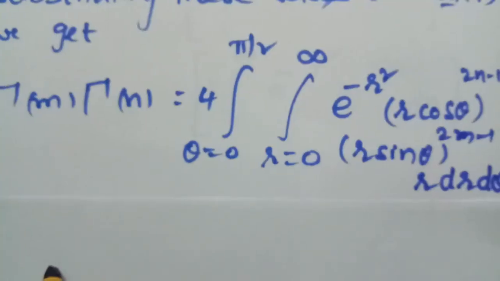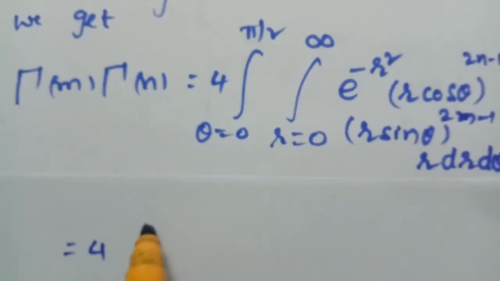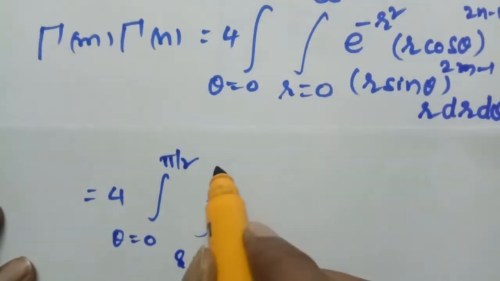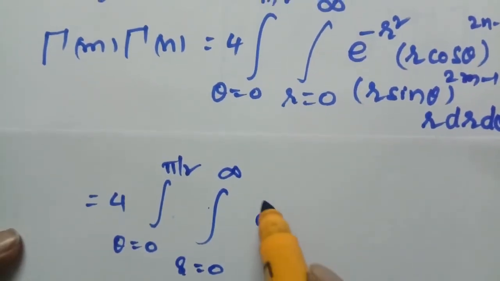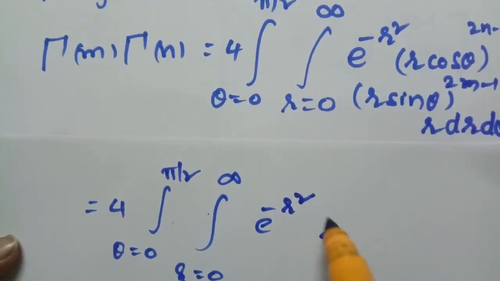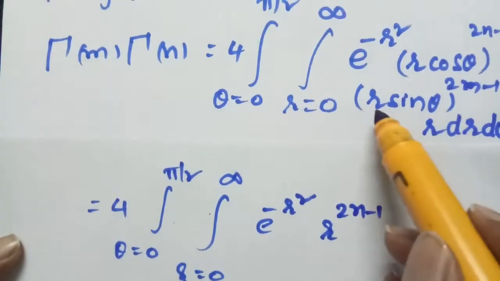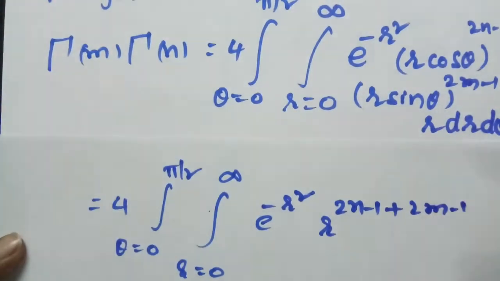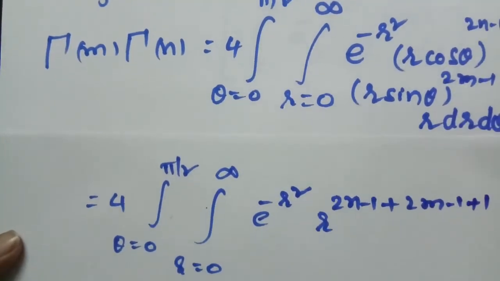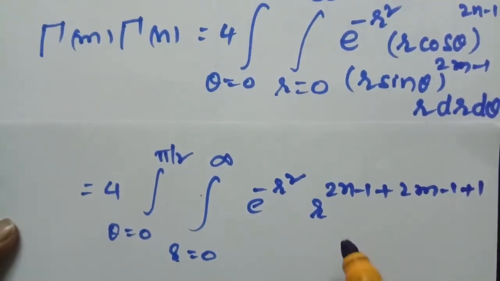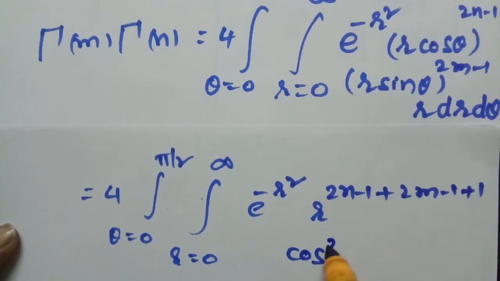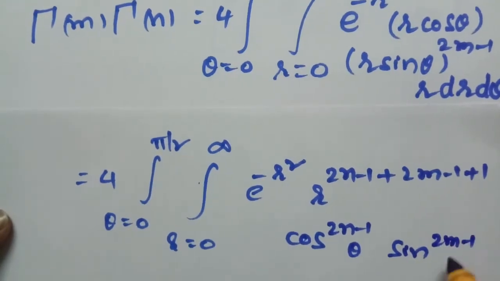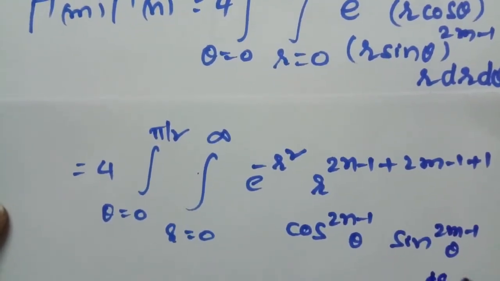r dr d theta. This is equal to 4 times the integral 0 to pi by 2, integral r from 0 to infinity, e to the power of minus r square into r to the power of 2m minus 1, and also r to the power of 2n minus 1 plus 1, and cos to the power of 2n minus 1 theta and sin to the power of 2m minus 1 theta into dr d theta.